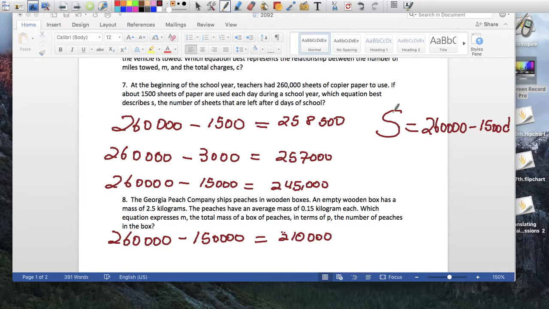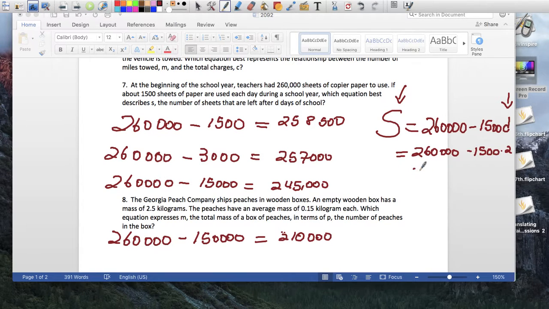Okay, so S represents how much is left over, right? And to find out how much is left over, I would take whatever I had in the beginning, which is 260,000 minus 1,500 times the number of days. So again, I'll do another one here. So 260,000, let's say the school year had 2 days, I would put in my formula 1,500 times 2.